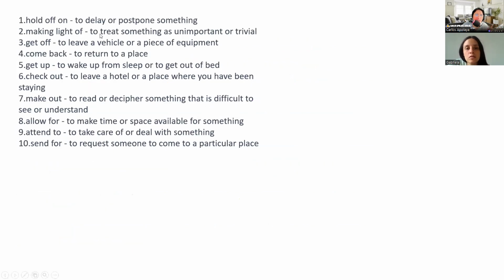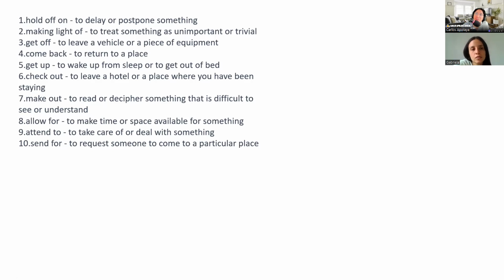Here you have some of them, like hold off on. Hold off on means to delay, to postpone something. For example, imagine that we have a problem with our internet connection. I need to hold off on the class.